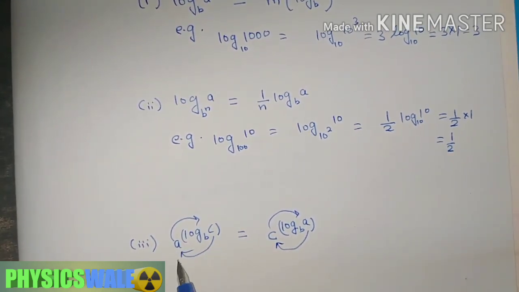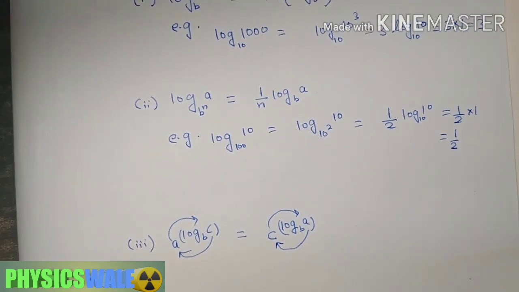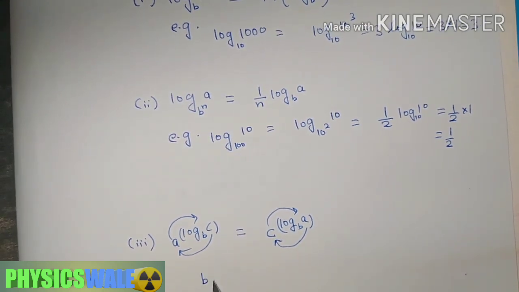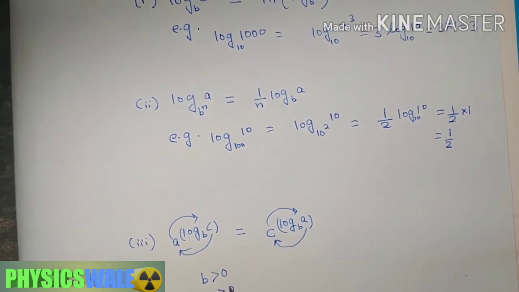This condition is valid only when b is greater than 0, c is greater than 0, and b should not be equal to 1.